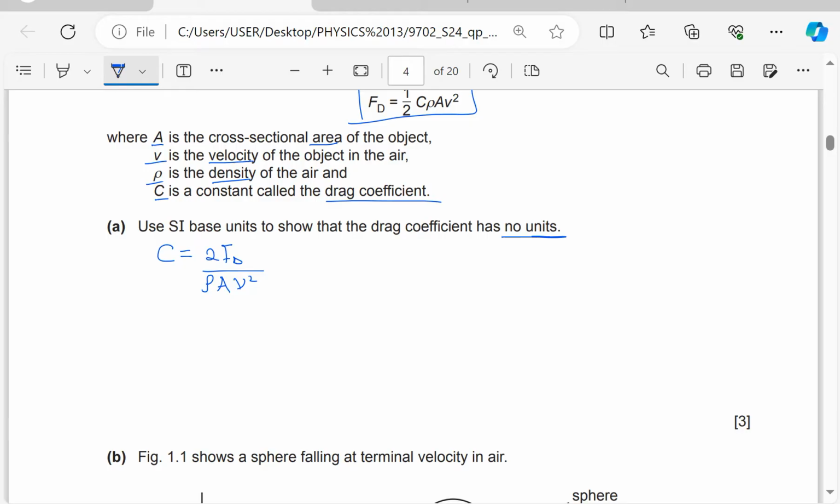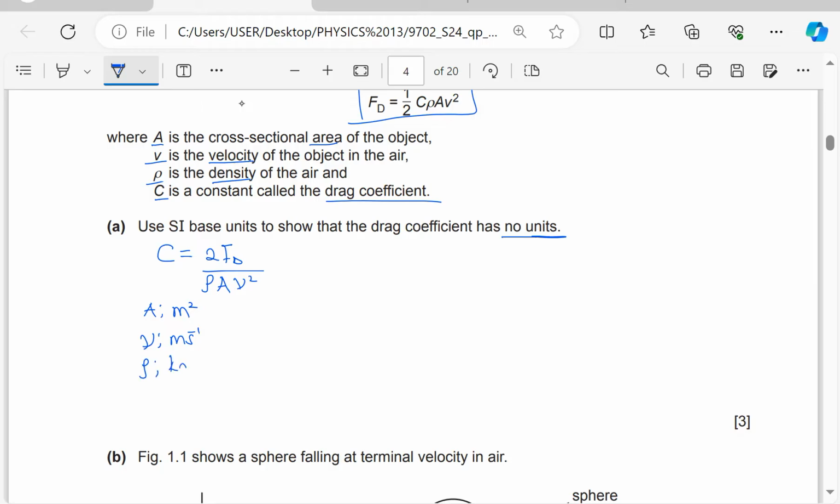So I also encourage you to tell your students to list down the units for each of the quantities. So remember, A was the cross-sectional area, which is measured in meters squared. Then V was velocity, which is meters per second. And then rho was density.